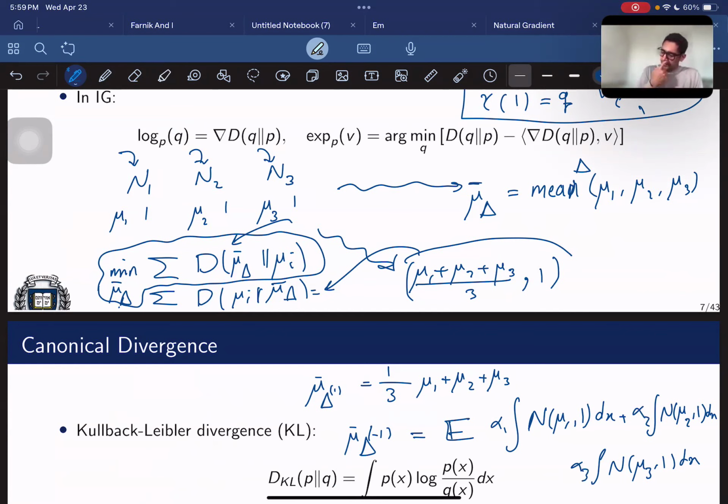And you're taking expectation with respect to x, and you're taking the minimum with respect to the alpha i's. In what sense? When I say the minimum, or I should write it as the argmin, in the sense that the alpha i makes the KL divergence the least. So the resulting distribution is not a normal distribution.